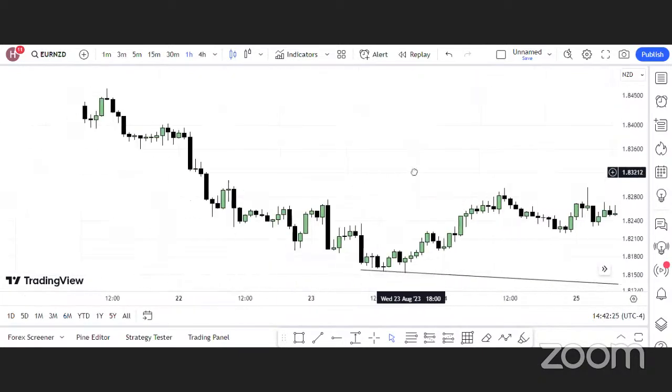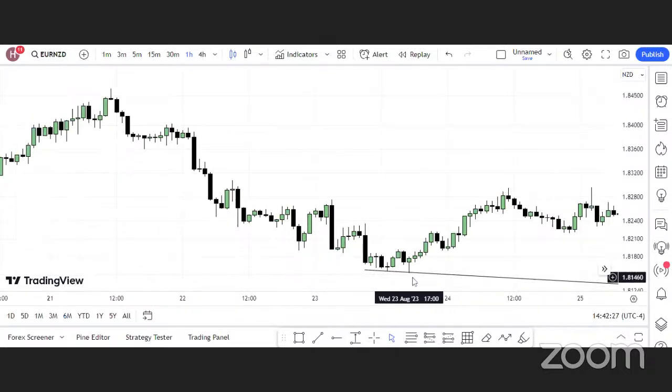So you see, we have another one here. Look at this. Even though this happened, this is also a reversal pattern that I love. In the forex market, we call this a doji, a candle with a small body in the middle.